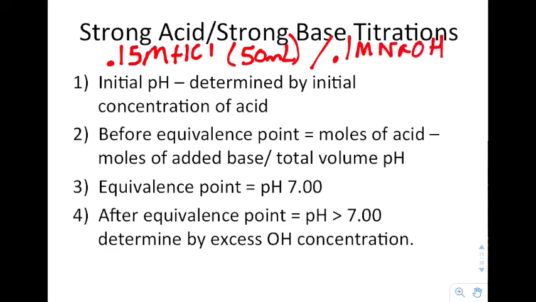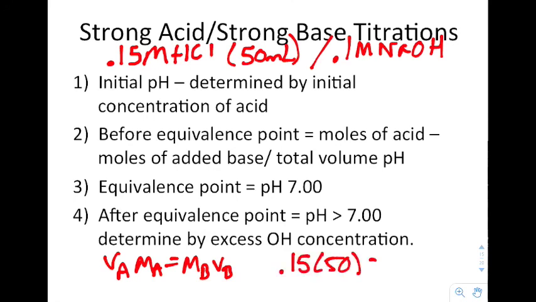When I'm doing this titration calculation, the first thing I want to do is find the equivalence point, because where I am relative to it determines how I calculate the pH at a given point. I'd say moles of acid times volume of acid equals moles of base times volume of base. So 0.15 times 50 equals 0.1 times VB.